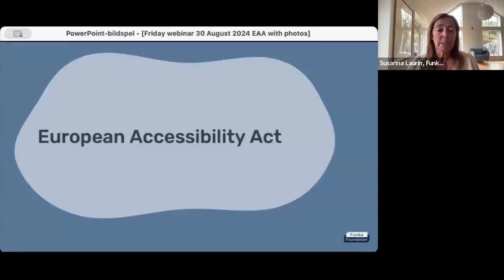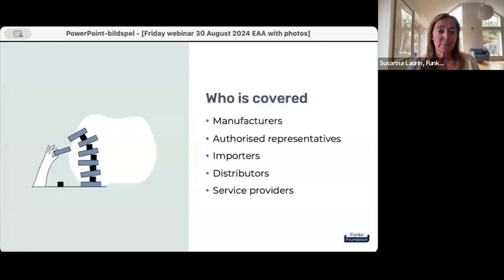So, the European Accessibility Act, I guess you have heard of it before. The scope of this act is not, as many people believe, private sector or commercial sector. The legislation doesn't care about what kind of status the economic operator has, but it covers the whole ecosystem.